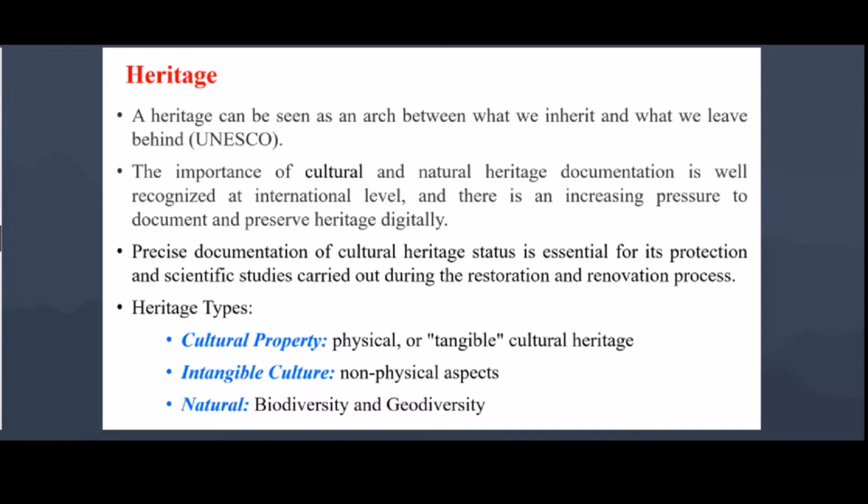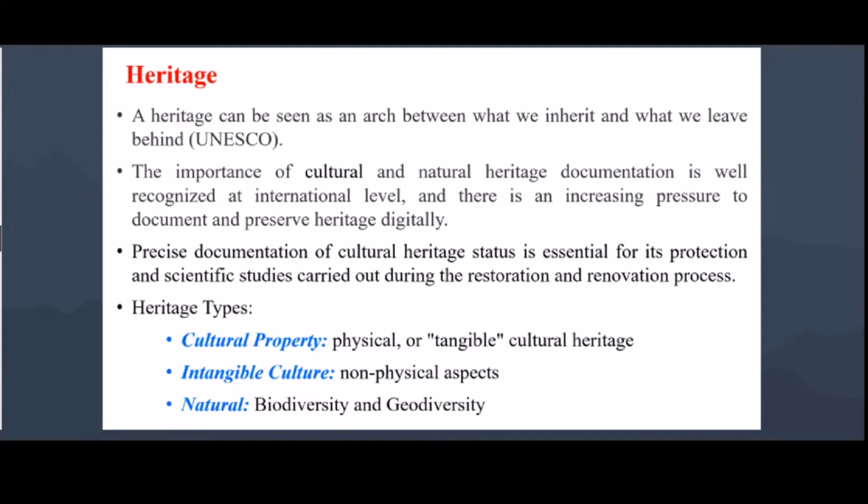The importance of cultural and natural heritage documentation is very well recognized at the international level, and there is increasing pressure on the scientific community, archaeological scientists, and historians to document and preserve heritage as well as possible, and currently to use the digital methods available to us. The precise documentation of cultural heritage status is now essential for its protection and for scientific studies carried out during restoration and renovation processes.